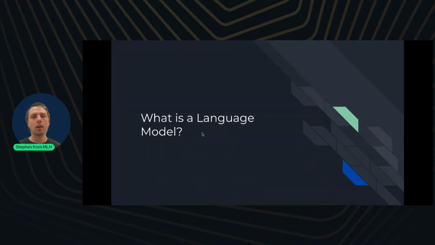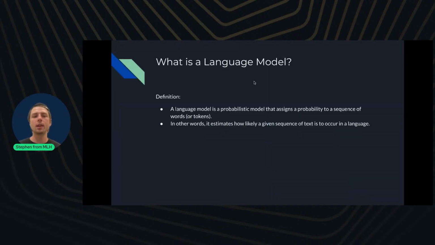All right, so we're going to start then on what is a language model. We already said about this. It's telling you about what is the most likely next word, but it's doing that through probability. It's going to assign a probability to a sequence of words to tell you how likely it is that a given sequence of text is going to occur in a language.